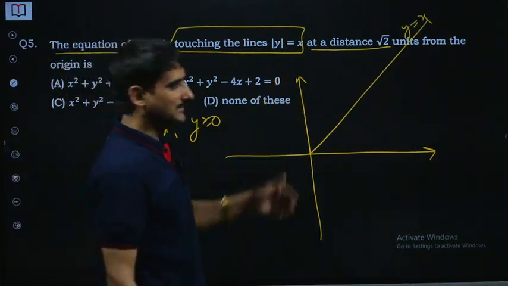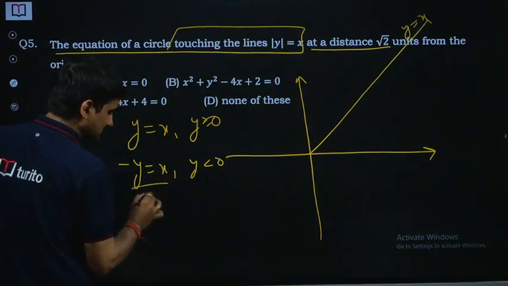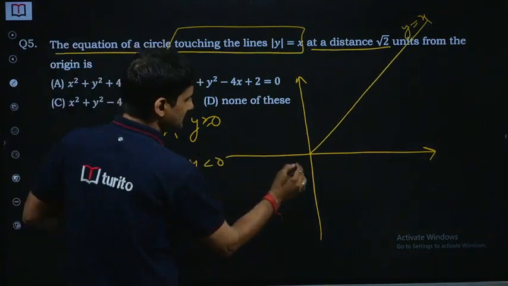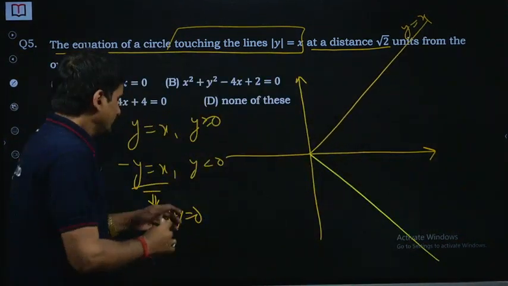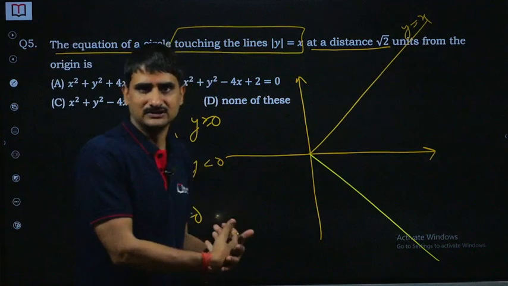Y positive means above the x-axis. And minus y is equal to x when y is negative, and minus y is equal to x means x plus y equal to 0. So this is the x plus y equal to 0 line, and you have to consider this part only, because y is negative, so the part of the curve below the x-axis. So that's it.